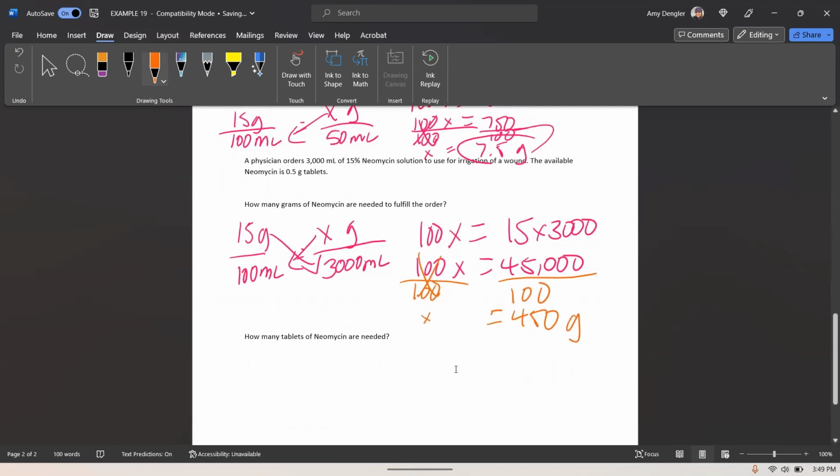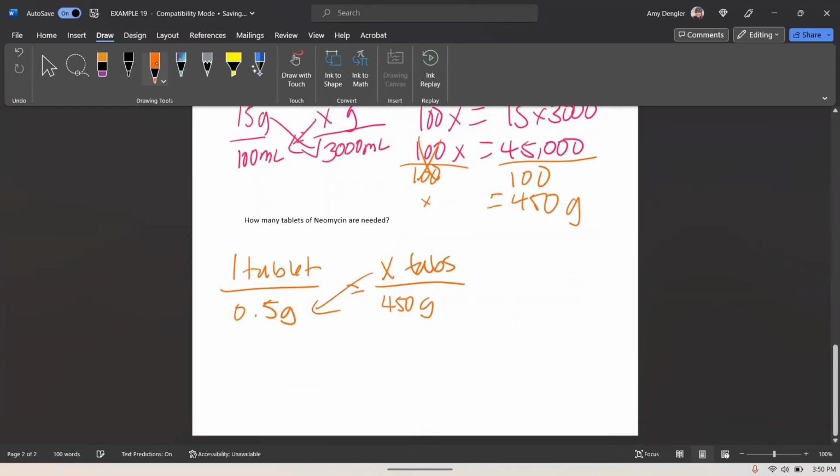And how many tablets are needed? So if 1 tablet is equal to 0.5 grams, and we have 450 grams, how many tablets do we need?